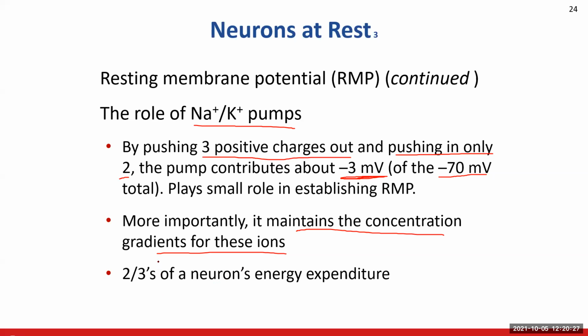And because of all this, 66% of the energy expenditure of a neuron is used by these pumps. That's a lot, but they're doing it right now. They're doing it 24/7, all day long, every day. That's what they do. Okay.